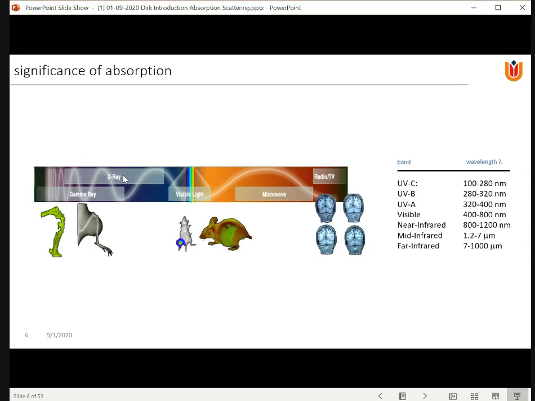So let's say on the left hand you have CT, and on the right hand side you have MR. In the middle you have some kind of visible optical imaging. So why are these placed where they are? Can you imagine why these techniques are placed at these specific locations in the spectrum?